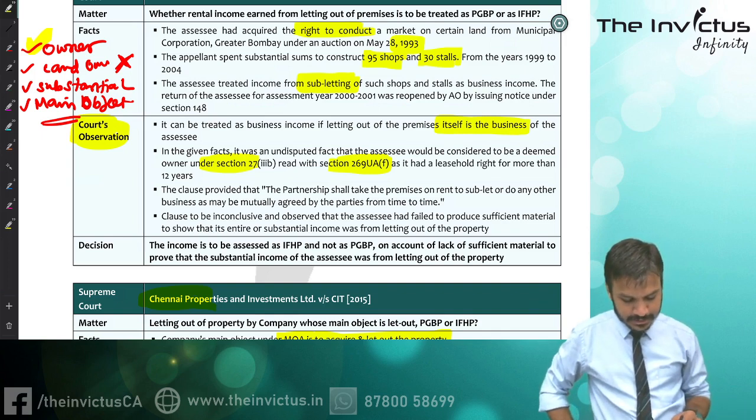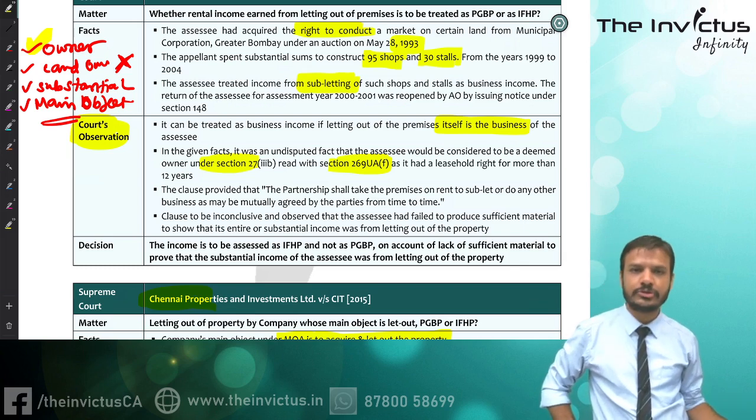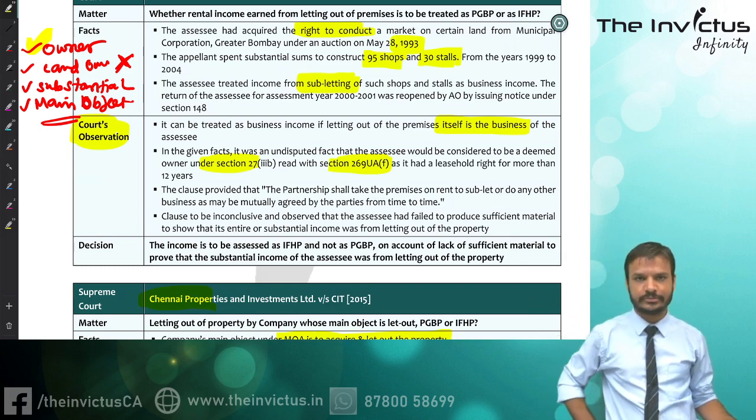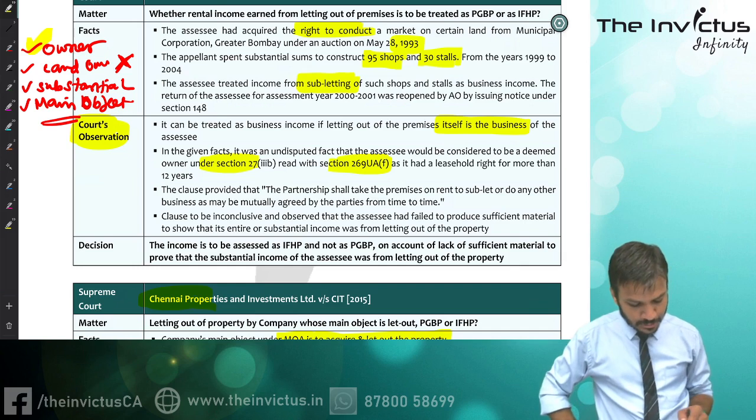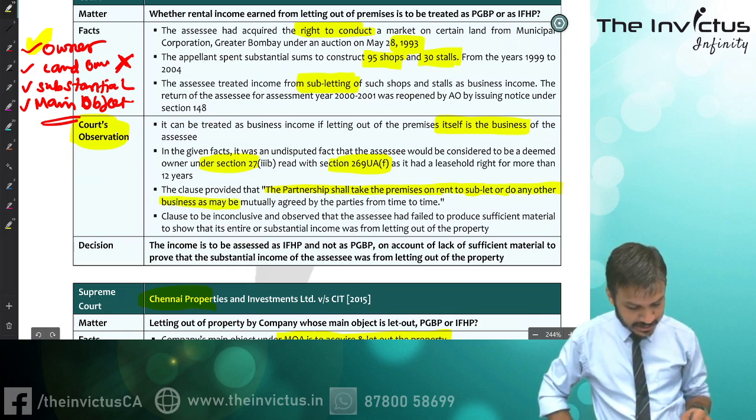On the given facts, it was an undisputed fact that the assessee would be considered a deemed owner. A deemed owner is also an owner. The clause provided that the partnership shall take the premises on rent to sublet or to do any other business as may be mutually agreed by the parties from time to time.